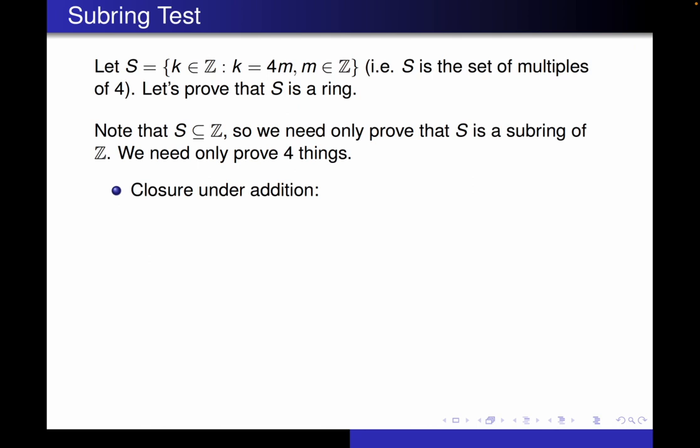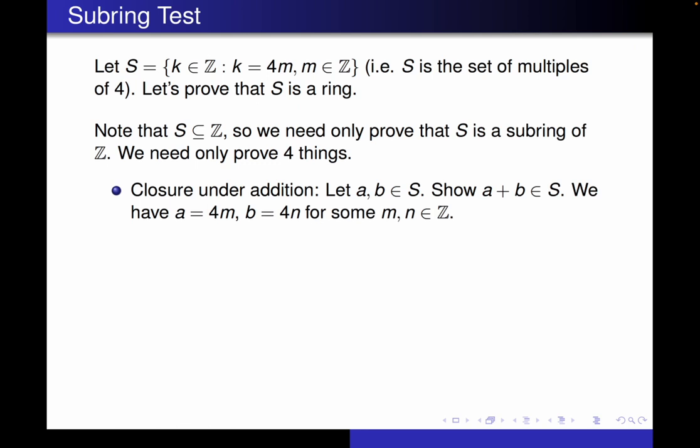We need to prove it's closed under addition. Well, what does that mean? If we have two elements in S, a and b, we want to show that when we add them together, we also get an element of S. Now remember, being an element of S means that it's a multiple of 4, so a is 4 times m, and b is 4 times n. m and n could be the same, could be different, so we have to use different variables, where m and n are both integers.